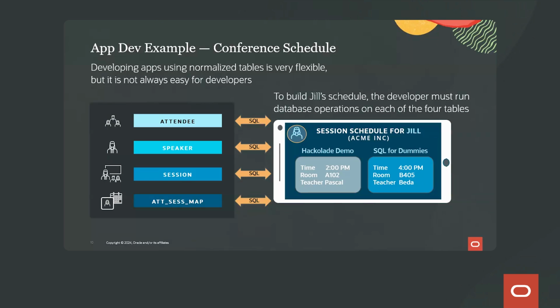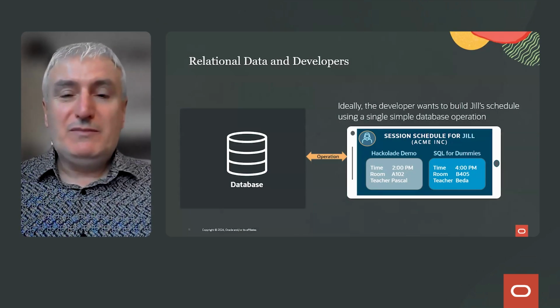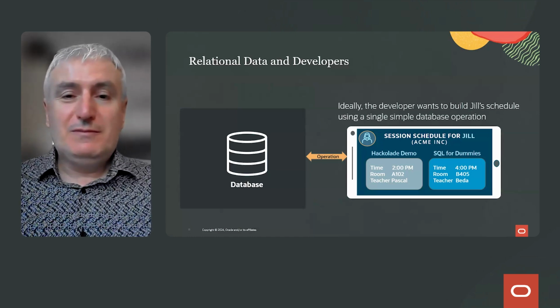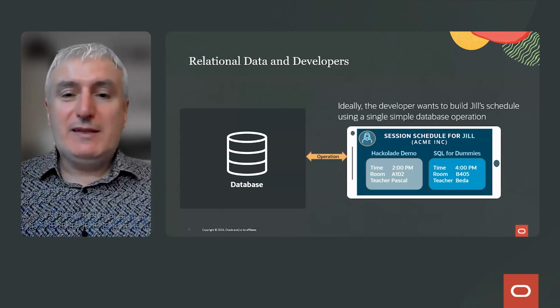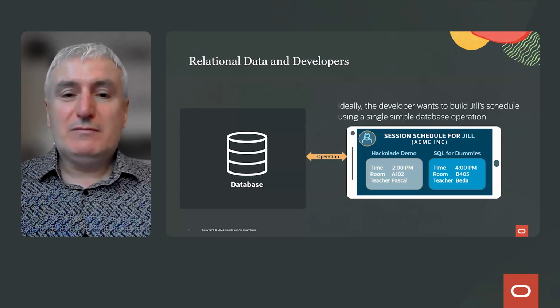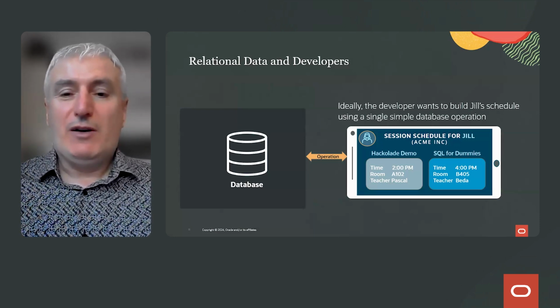Well, is that really what developers want? Ideally, the developer would want to build the schedule of Jill using one single simple database operation, meaning with one SQL statement, for example, to get everything in one go.